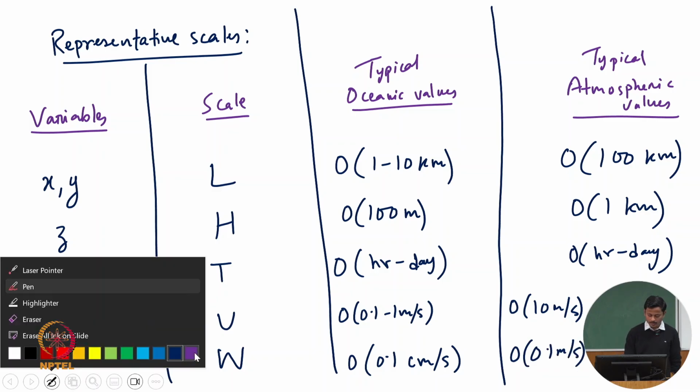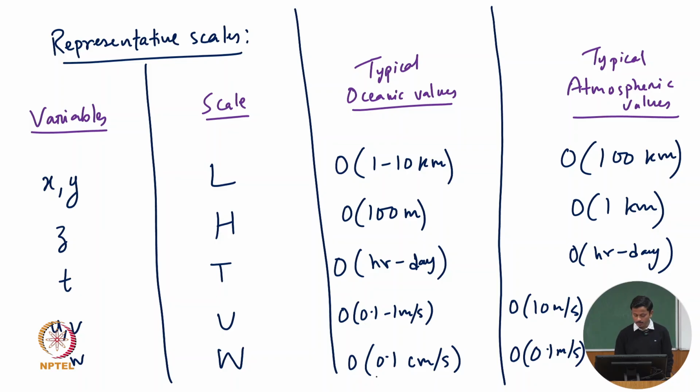Please note this difference in units. So this is much lesser than the typical velocities in the horizontal directions, and this is what we'll also use later on. Similarly in the atmosphere also, the typical velocities in the vertical direction are much lesser than the horizontal velocities.